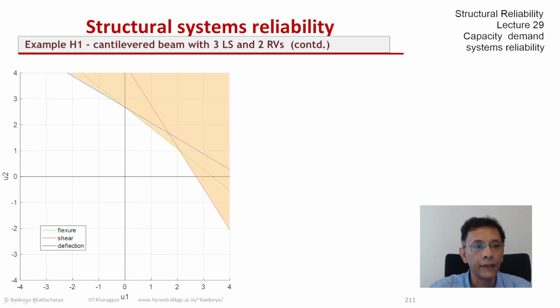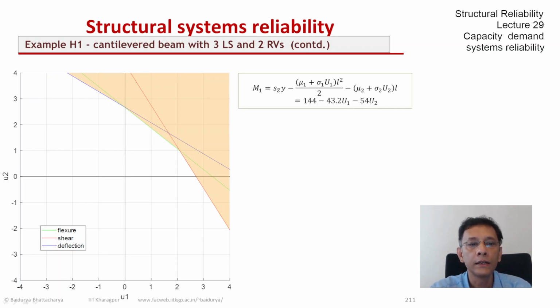If we again shade, this is what the system failure region would look like. So now we have three optimization problems at hand. Each of these limit states will have their own beta points and their own beta values.